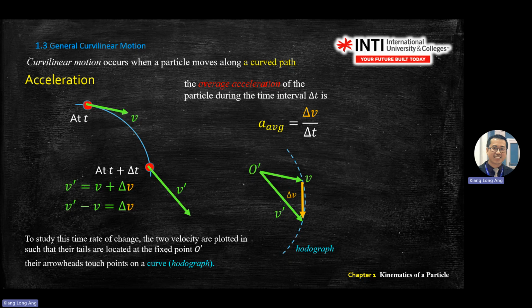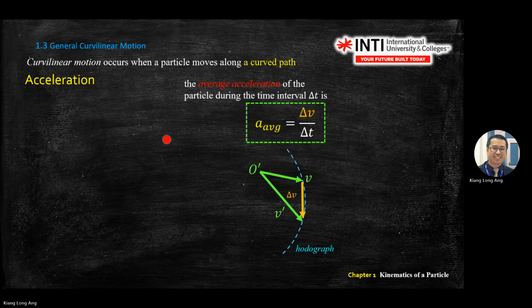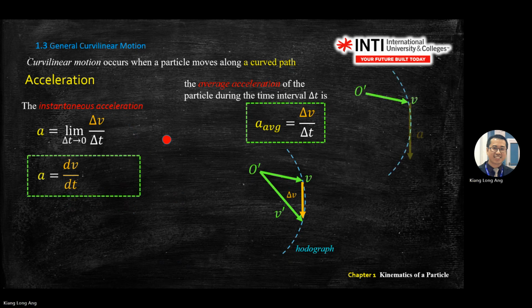This is the resultant, right? Start to end position. So that's why you arrive at V prime equal to V plus delta V on the hodograph. And average acceleration is dv dt as you learned in rectilinear motion. Again, we apply the limit for the derivation.